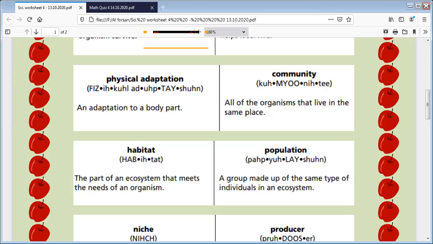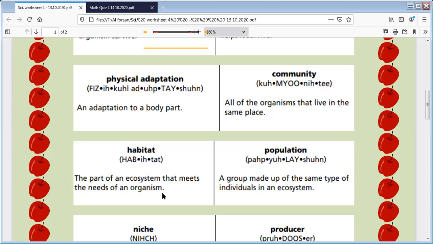Abdulaziz, what is habitat? The part of an ecosystem that meets the need of an organism.